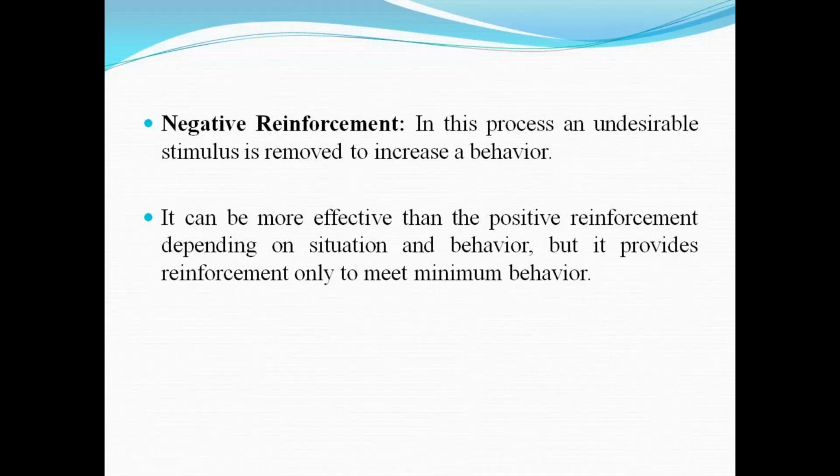In new cars, until you put on the seat belt, there will be a beeping sound. That undesirable stimulus is removed whenever you show the positive behavior, that is, fastening the seat belt. Right? Such things you call negative reinforcement. So it should not be fully positive or fully negative; it should be balanced. Okay?